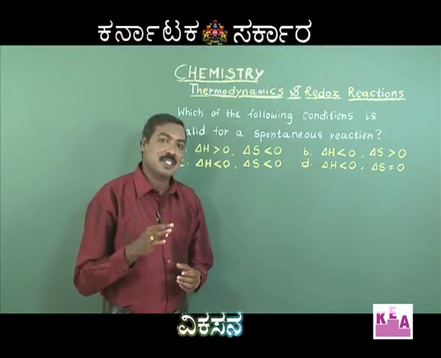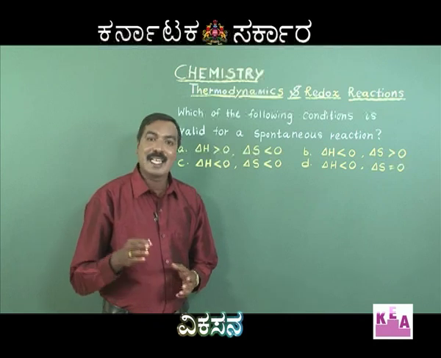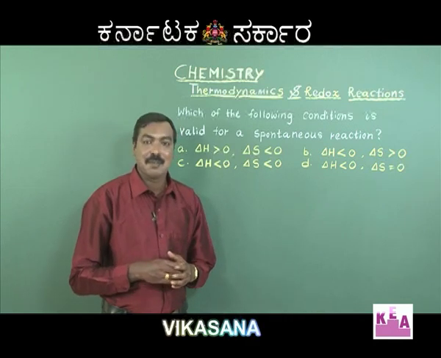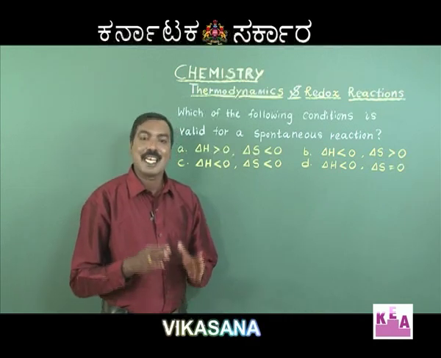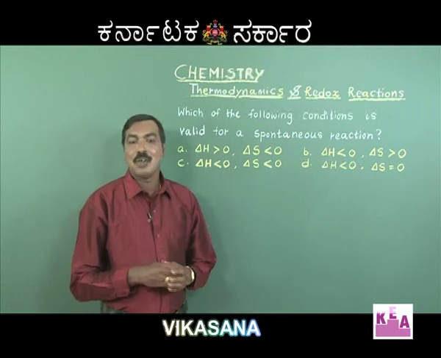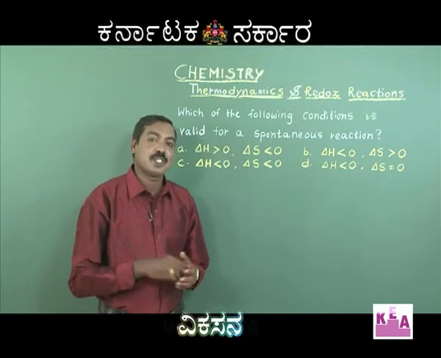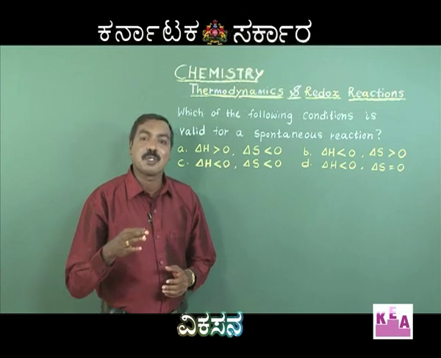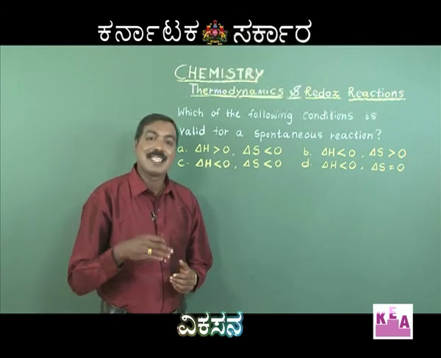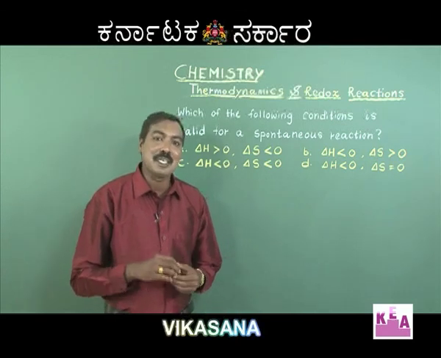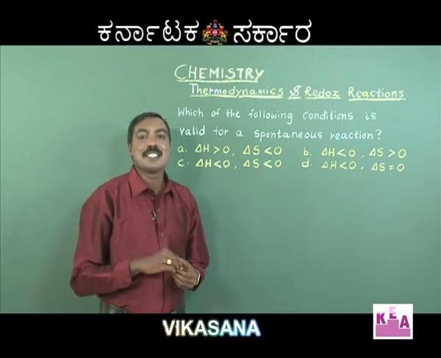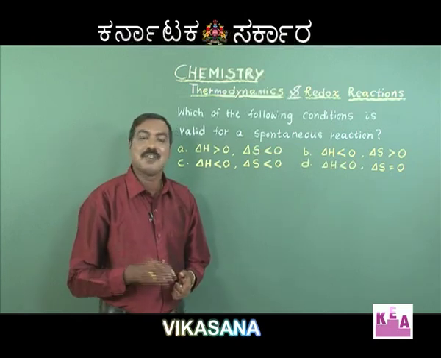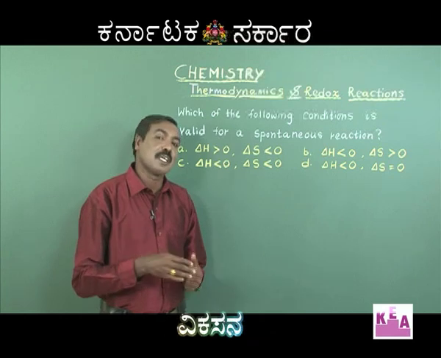All those reactions in which delta H is negative, minimum energy, are spontaneous. All those reactions in which entropy is positive, greater than 0, are spontaneous. Free energy change, delta G, if it is negative, it is spontaneous.